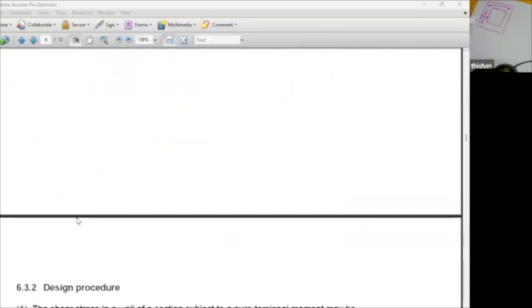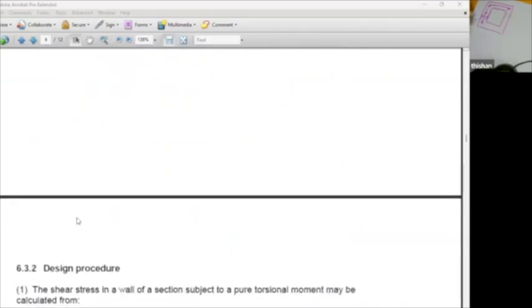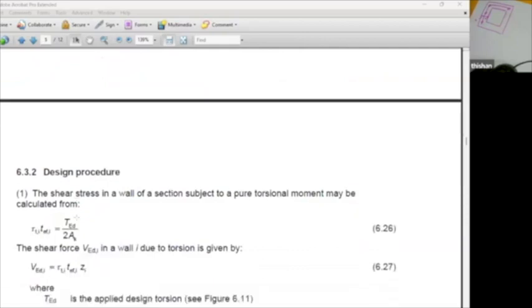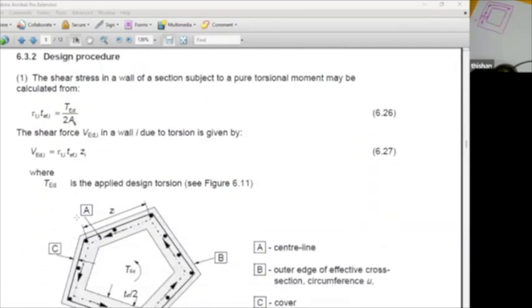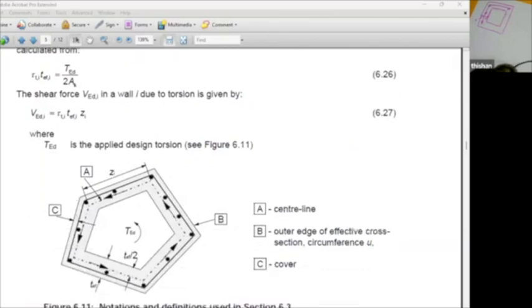So there's a procedure for finding the thickness of the wall, but we'll look at the example and find it, so it's easier to understand. Now you can see how the torsional flow occurs. Torsional flow occurs like this, and you can see T effective should be minimum of twice this value. So that is the T effective.